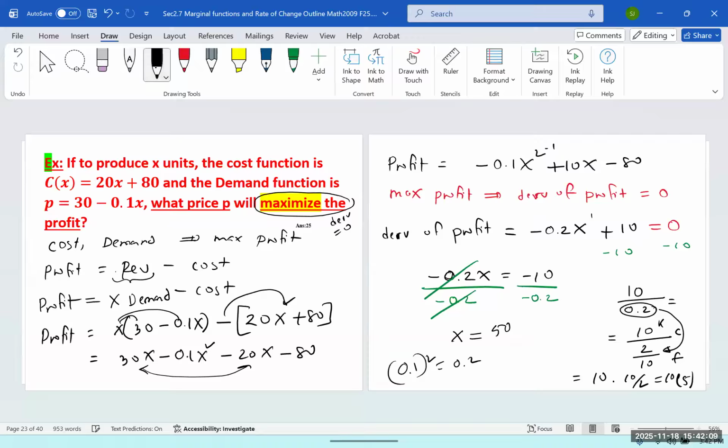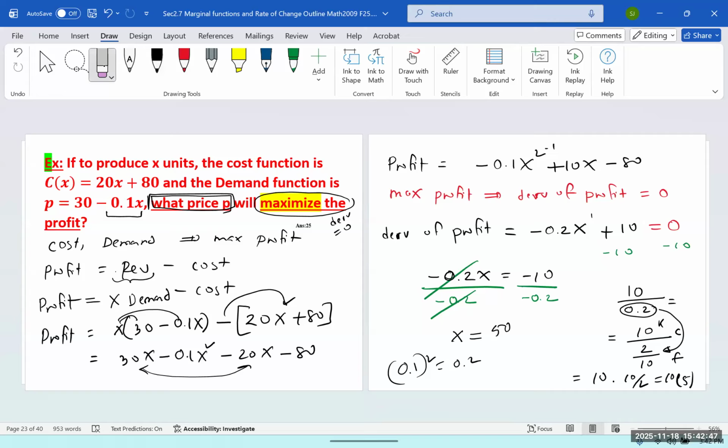So we have, no, it's 0.1. 0.1 x and then 30 minus. So 30x minus 0.1 x squared. 20x. What price? Oh, price. That's right. It's a price. What price will maximize the profit?